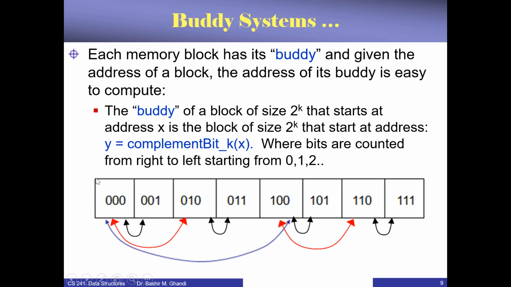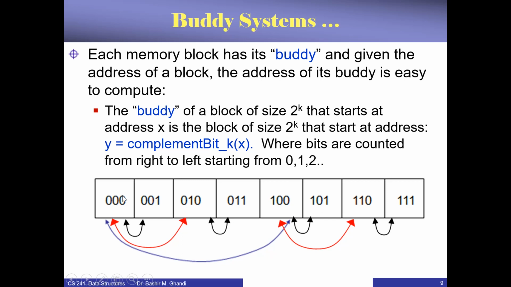So even though it is 2 bytes, this is still its address, and so on. Now, considering these 2 bytes as a block, given that the address is 000, how can we find the address of its body?